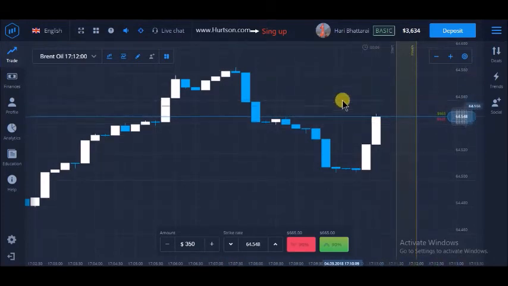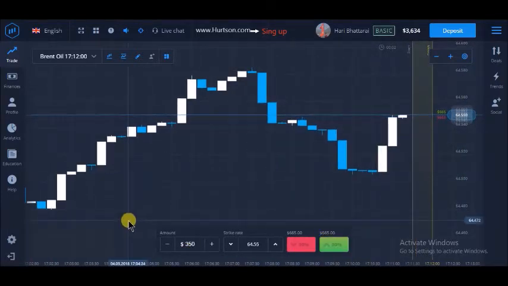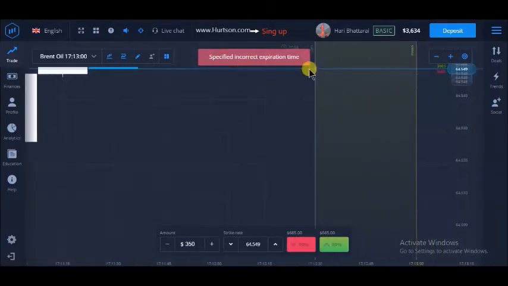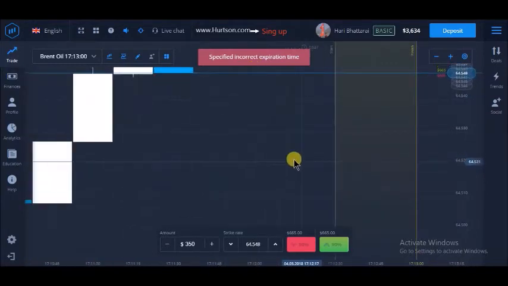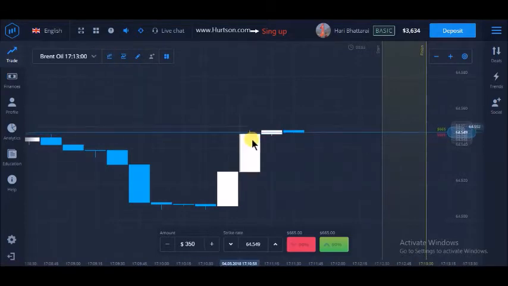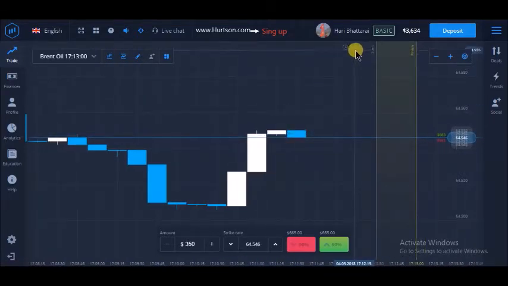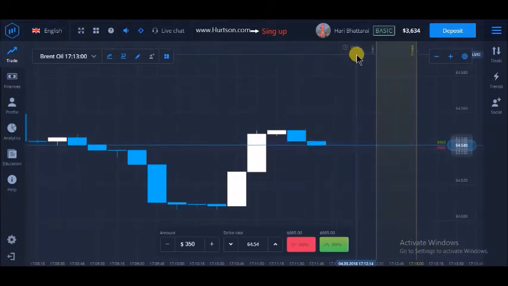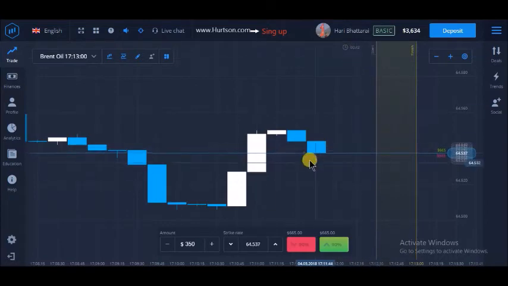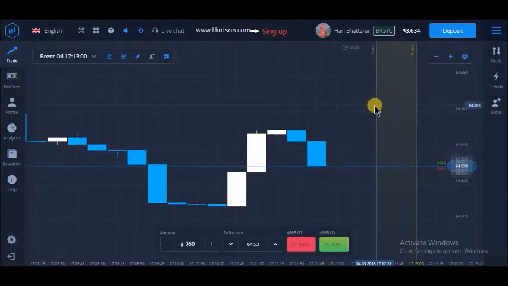Let's say I say this will go up and I open a call option, but the expiration time was too near, so I cannot open any amount. This is the purchase line. You can see this time is decreasing. Until the candle touches this purchase line, before that moment you need to open a trade.